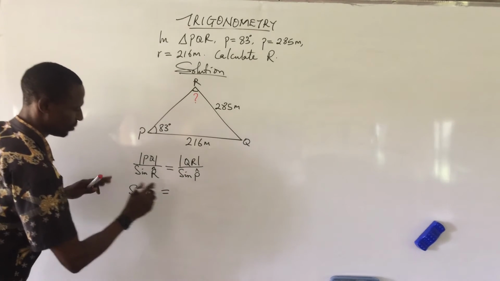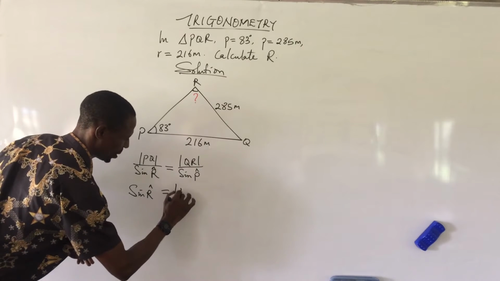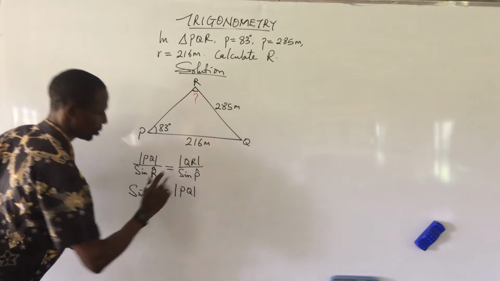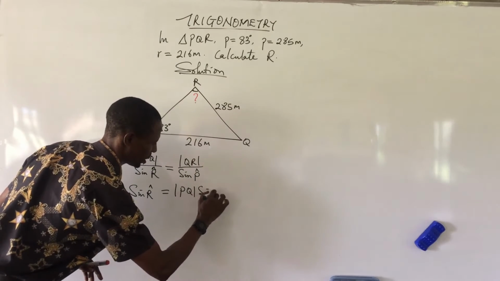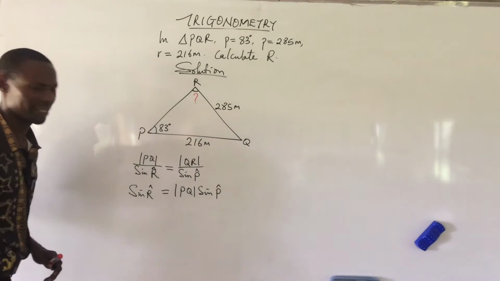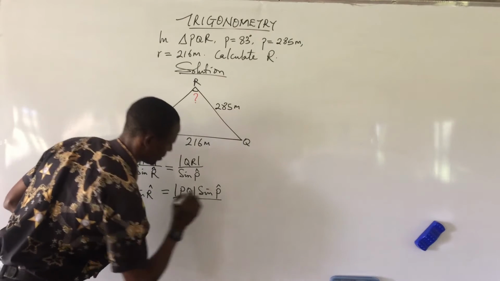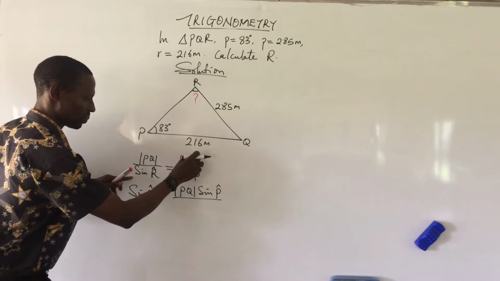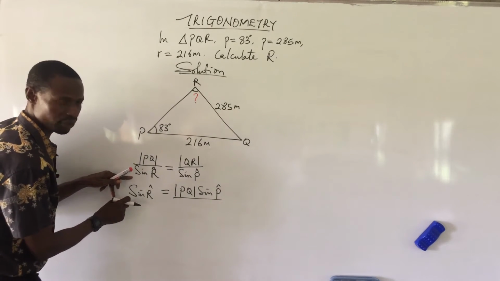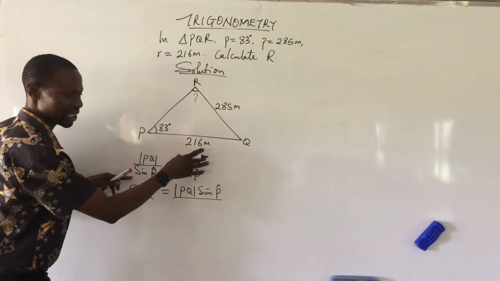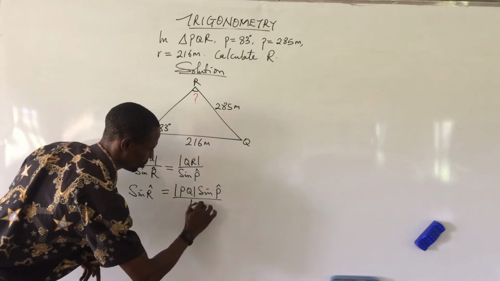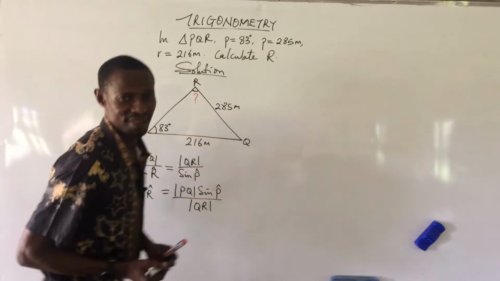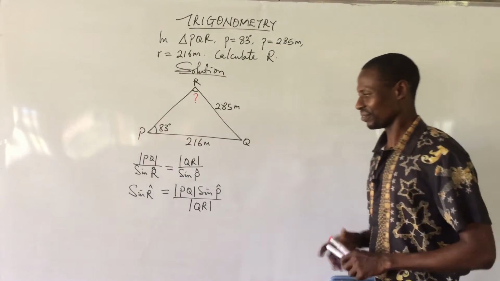This will give us line PQ times sine angle P, all over line QR. Very simple. All right, any confusion?